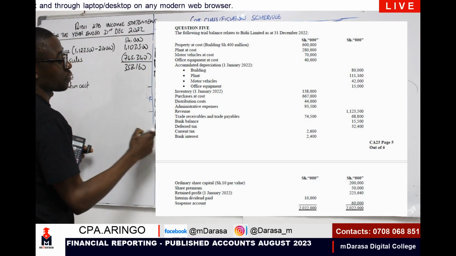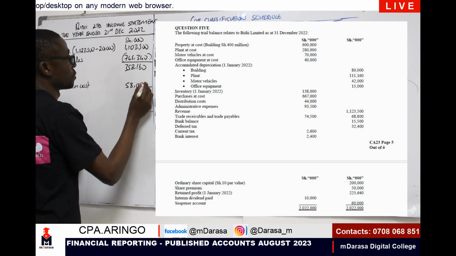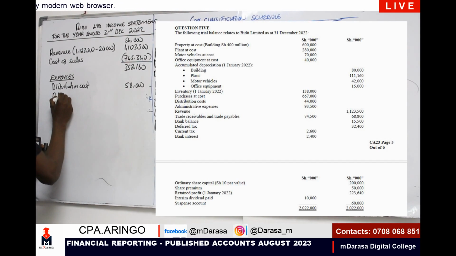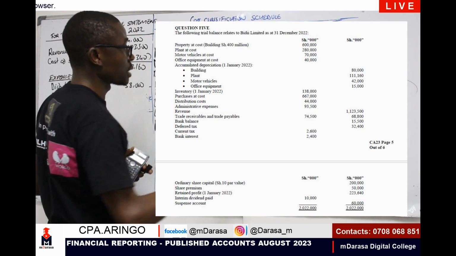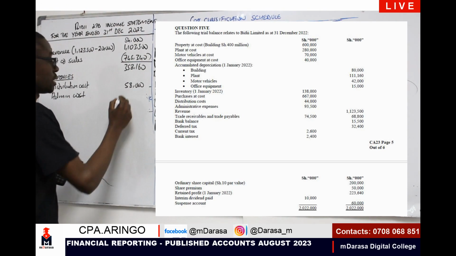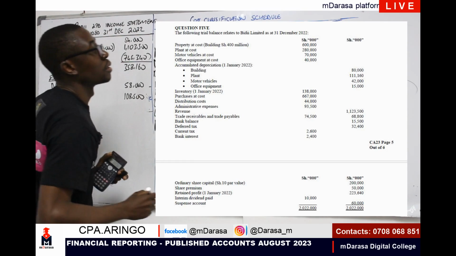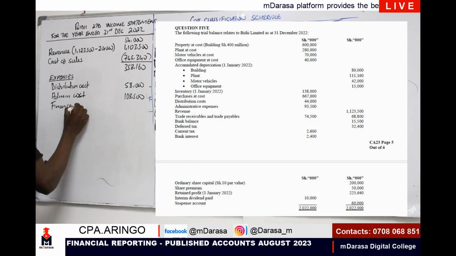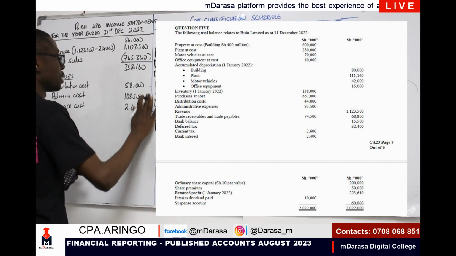We had a figure of 58,000. Admin cost, we had a figure of how much for admin cost? 108,500. Finance cost, I'm having a value of 2,400.